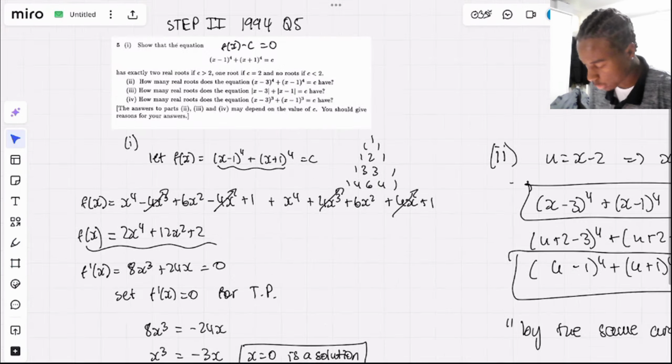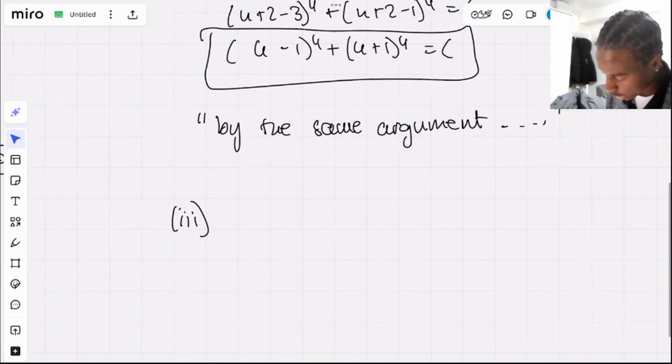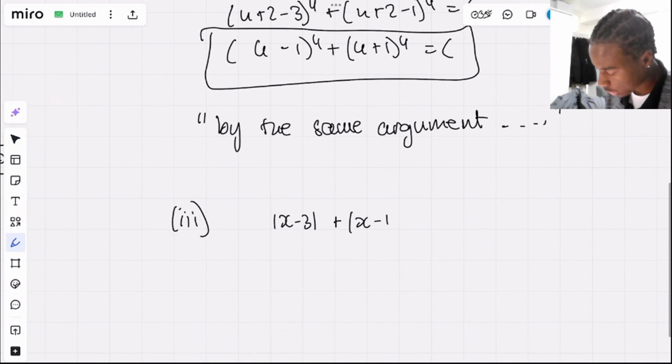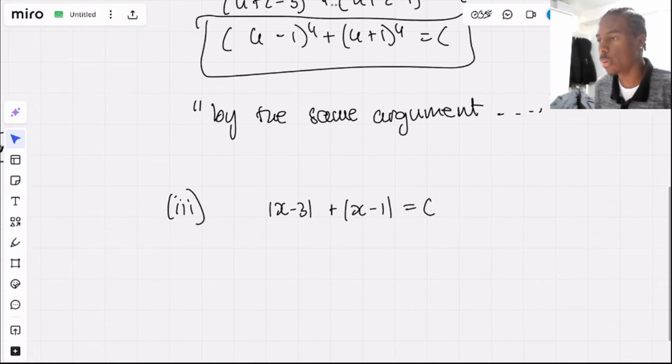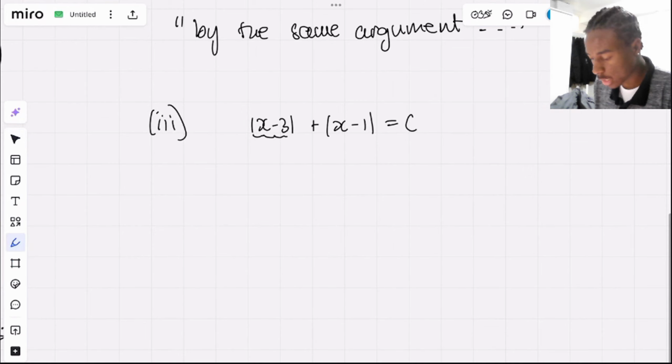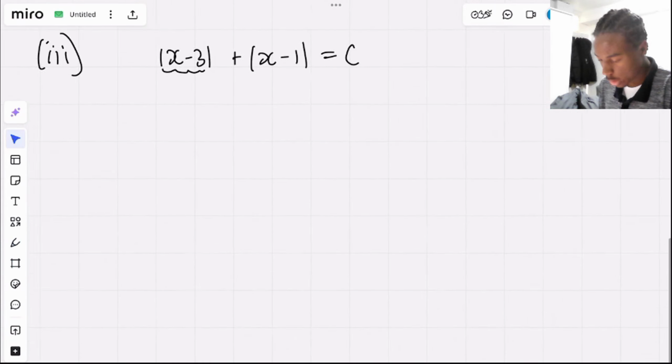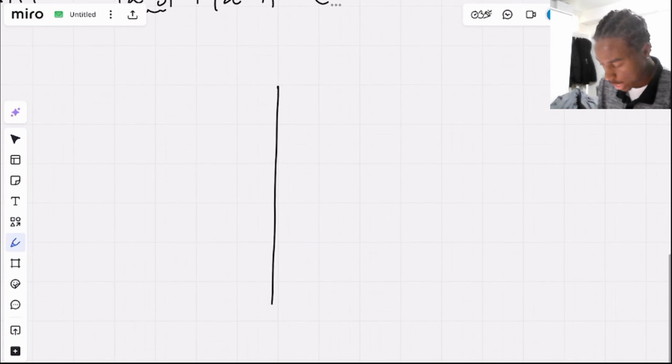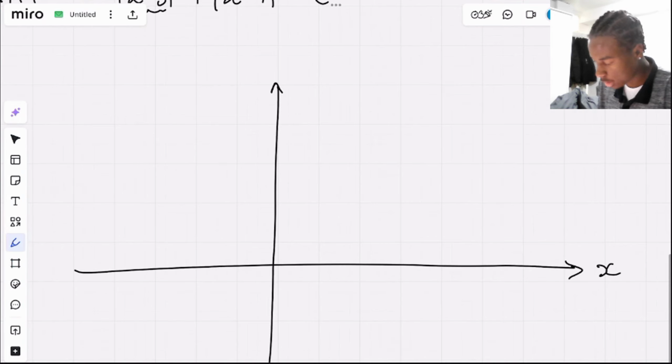So we've got this modulus function here. Okay, so we definitely want to start sketching this modulus function. Now, when we sketch modulus functions, I don't know about you, but I like to think about critical points. So when the inside here is equal to 0, when the modulus function starts changing sign. Okay, and for this function in particular, I'm going to split up the plane into sort of 3 parts.